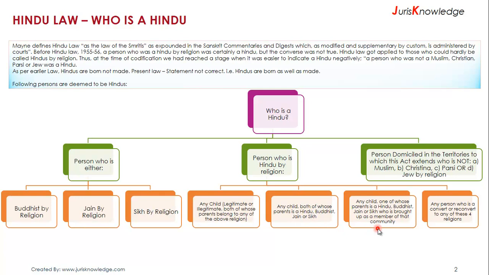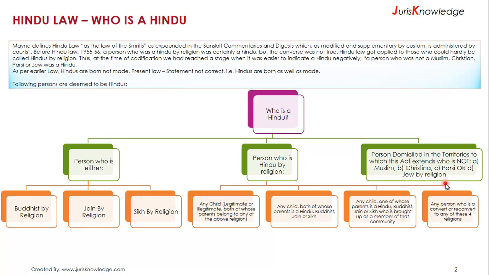Any child, one of whose parents is a Hindu, Buddhist, Jain, or Sikh, who's brought up as a member of that community, or any person who's a convert or a reconvert to any of these four religions. The last categorization is based on the person's domicile: a person domiciled in the territories to which this act extends, who's not a Muslim, Christian, Parsi, or Jew by religion.